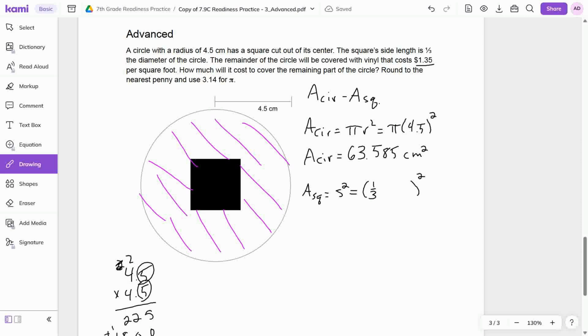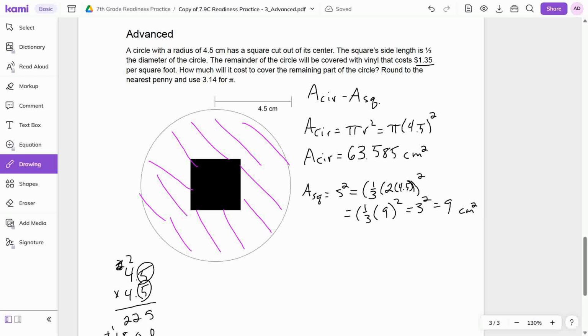So 1/3, and then we can put double the radius, 2 times 4.5. Let's simplify that because it's not as hard as it looks. 2 times 4.5 is going to be 9. So what is 1/3 of 9? Well, that's 9 over 3. That's just 3. 3 squared equals 9. All right, so not as hard as we thought it was going to be.